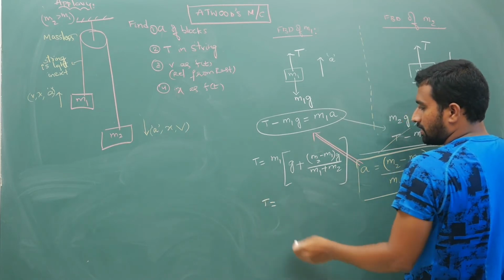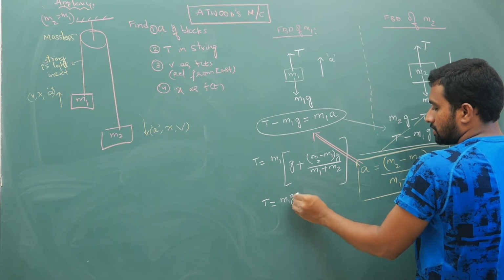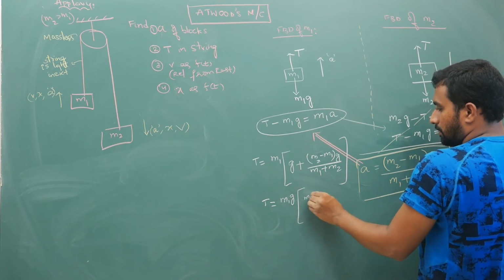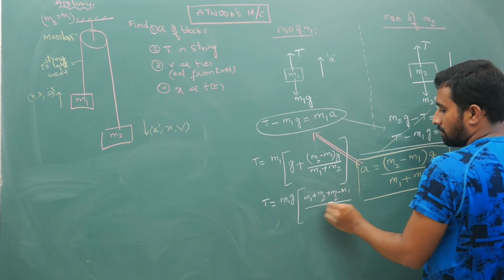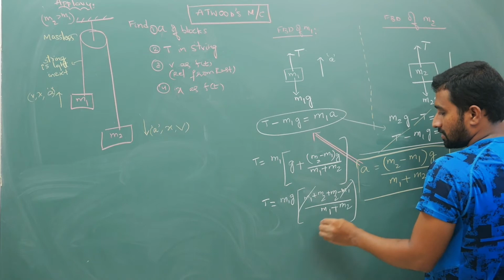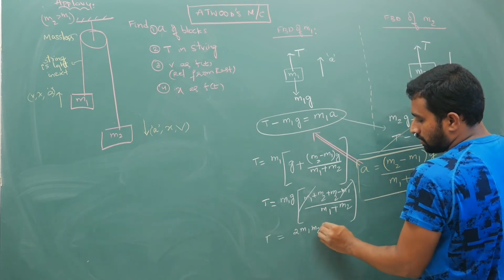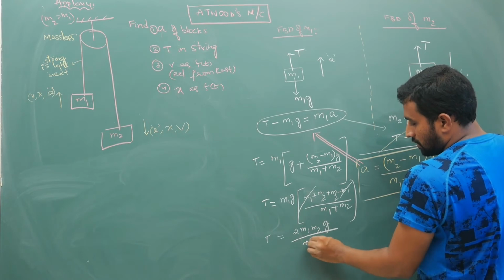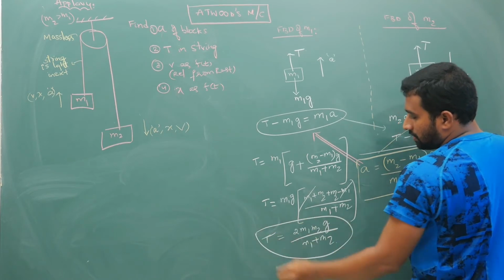So you are going to get T is equal to m1g times m1 plus m2 plus m2 minus m1 by m1 plus m2. So plus m1 minus m1 will go off. You are going to get T is equal to 2 m1 m2 into g by m1 plus m2. Okay, so this is your tension.